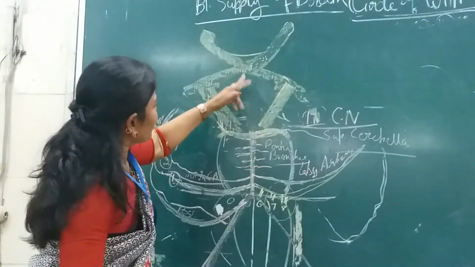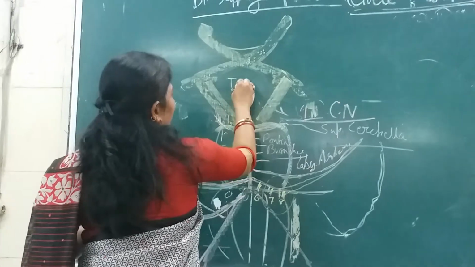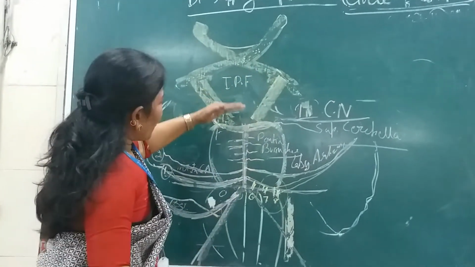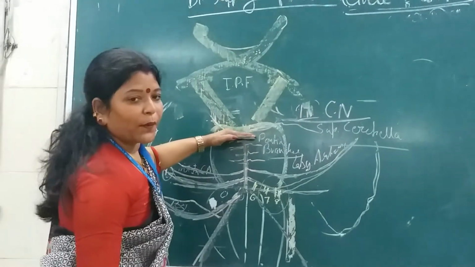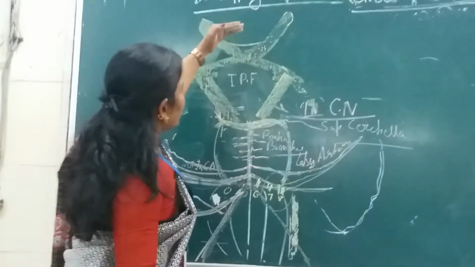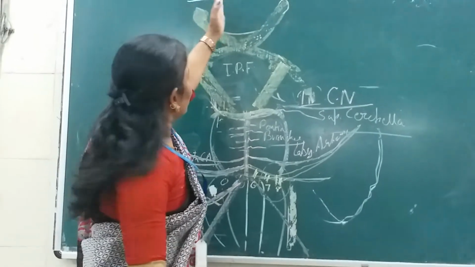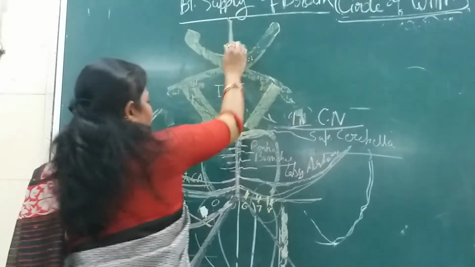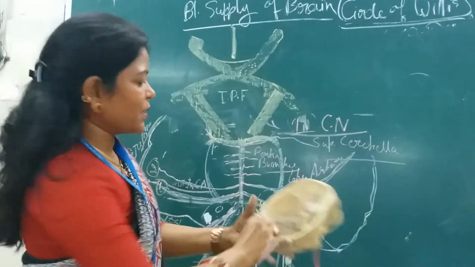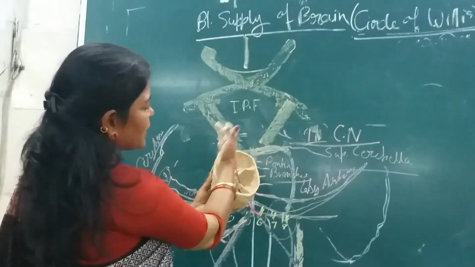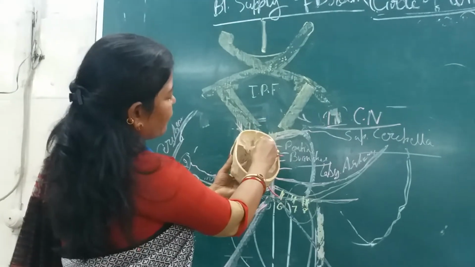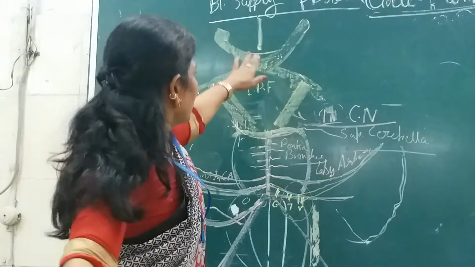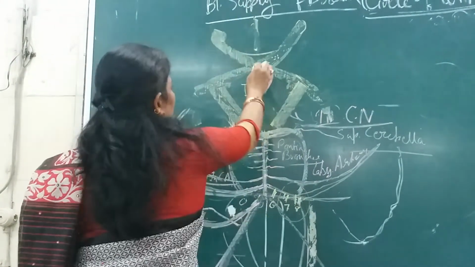Posteriorly, this interpeduncular fossa, I will write here, is bounded by the upper border of the pons and anteriorly by the starting of the medial sagittal fissure of the cerebral hemisphere, isn't it? Here two halves of the cerebrum are there, and from where this medial sagittal fissure arises, that is the anterior boundary of it.